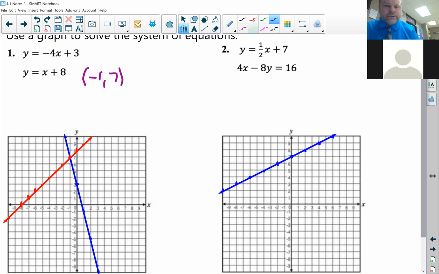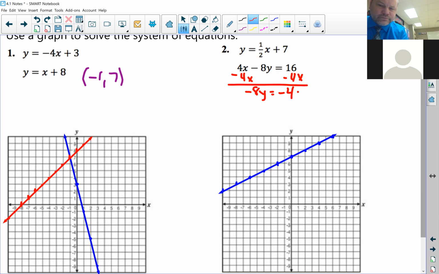And solving the second equation, getting the y by itself, I subtract 4x. Then I divide by -8. A negative divided by a negative is positive. And there, a positive divided by a negative is a negative.